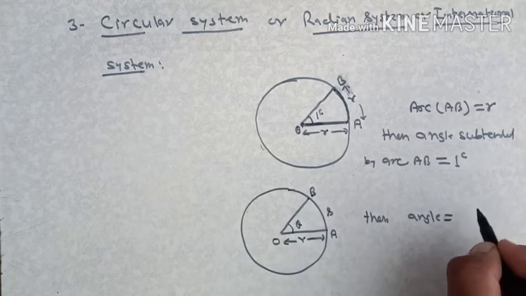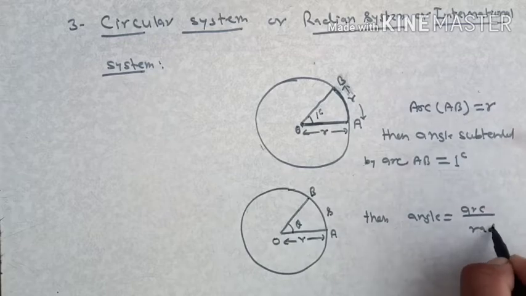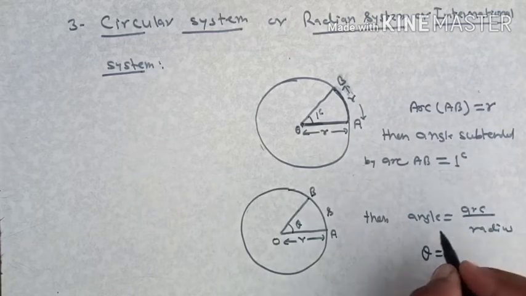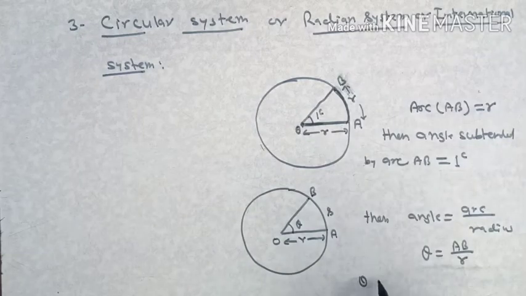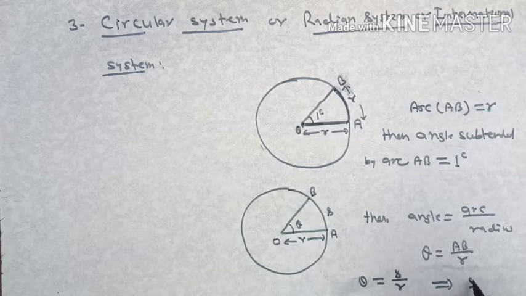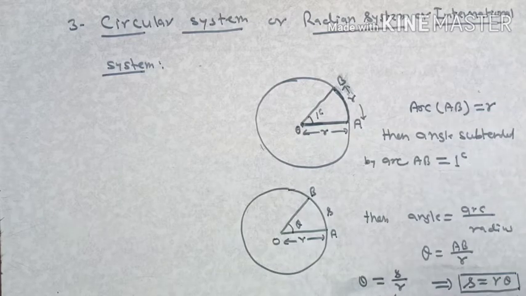Angle is equal to arc upon radius. Angle theta is equal to arc AB divided by radius r. Theta is equal to s by r. This implies s is equal to r theta. This theta is measured in radian.